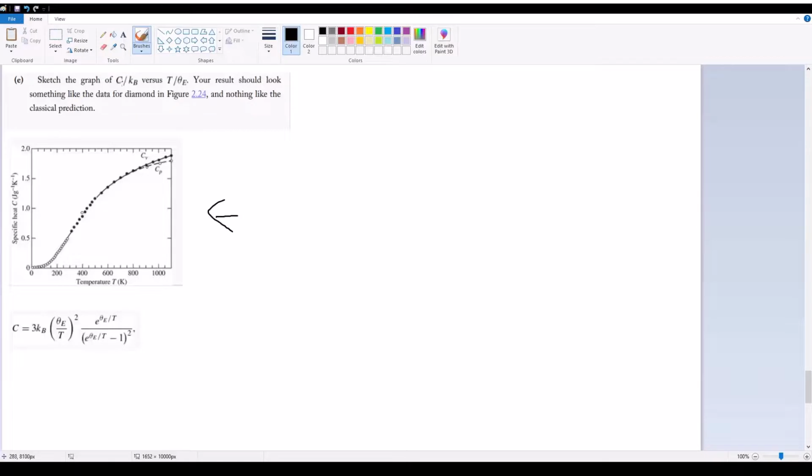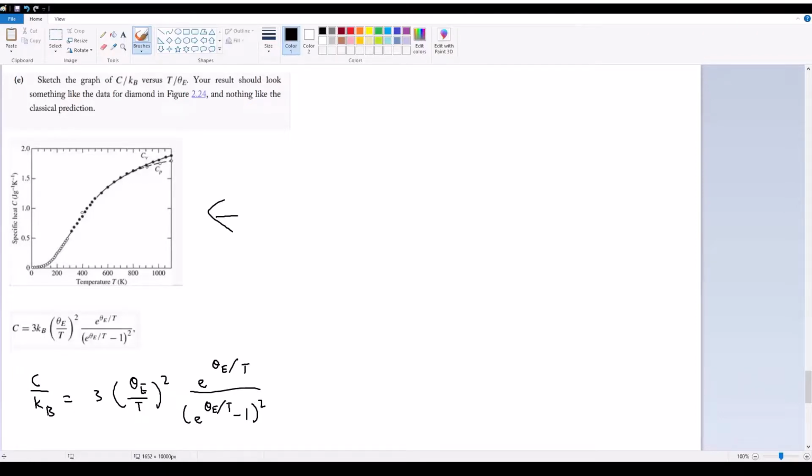So let's start by analyzing C over kB. So we have C here, therefore C over kB is going to equal 3 times theta E over T squared times e to the power of theta E over T, divided by e to the theta E over T minus 1, squared.